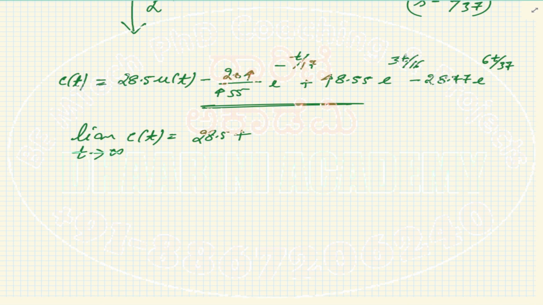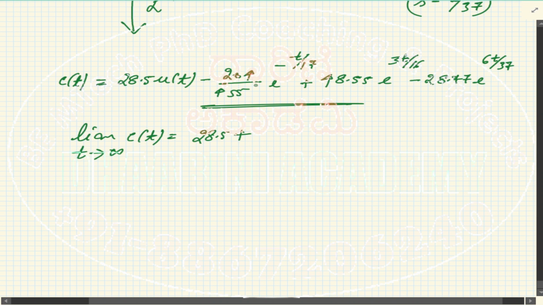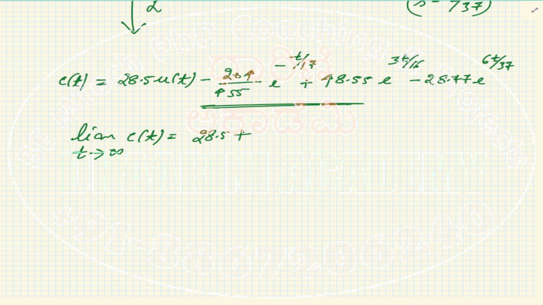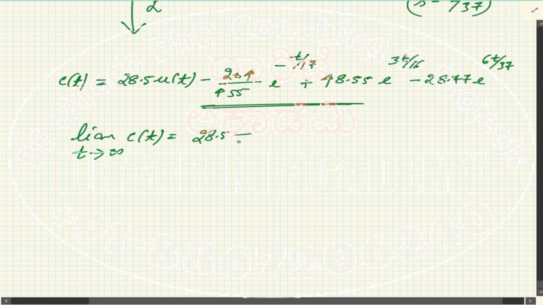The next value should be minus 204 by 455. What happens to this term, e to the minus t by 17? The next term, that is 48.55. Is it 0?